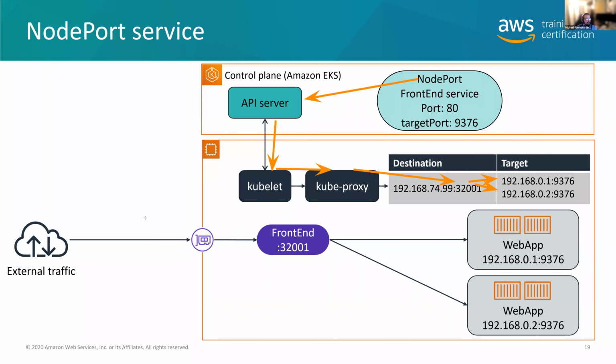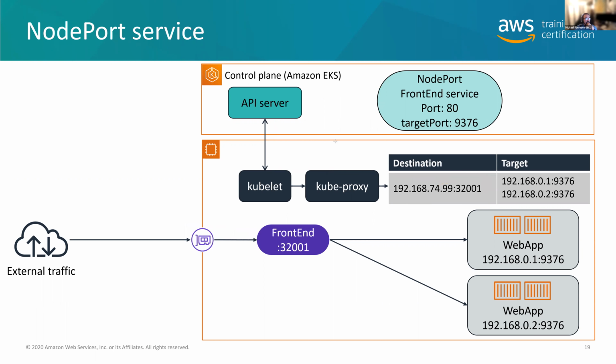If you hit 32,001 on any box, it's going to redirect you to the box that has this port available. So node port just redirects from a port and IP address over to another port and IP address.